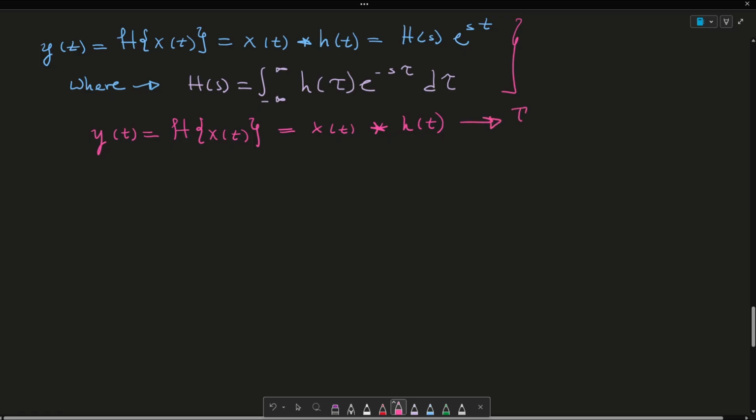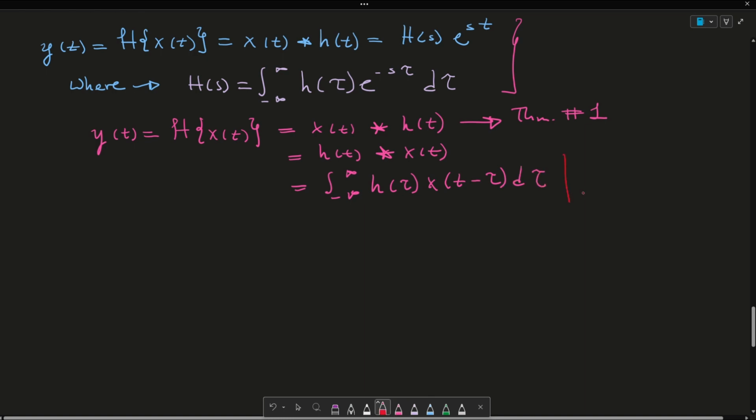Again, this was proven in theorem number 1. Using the commutative property of convolution, we can flip the two and say that this equals h of t convolved with x of t. So we know that this computation is equated to the integral from negative infinity to infinity of h of tau x of t minus tau d tau.